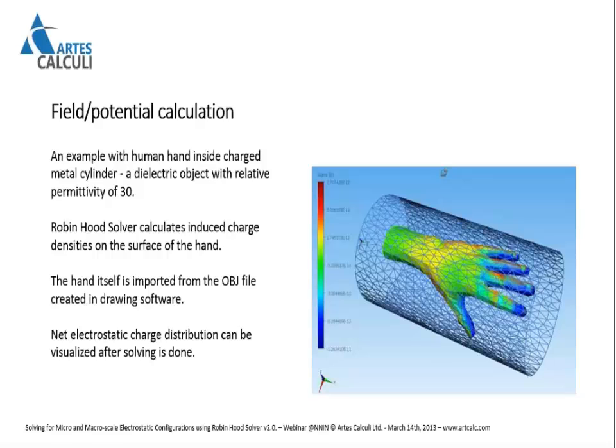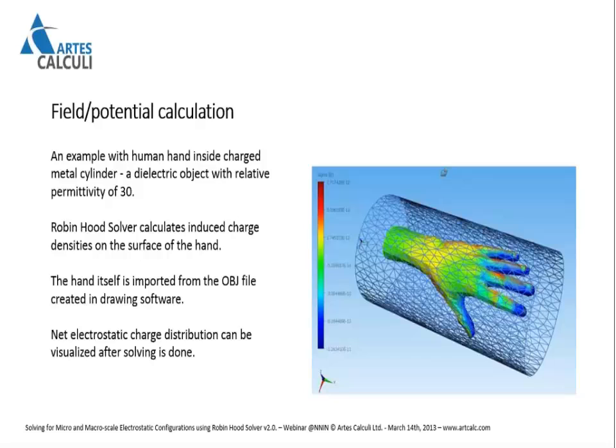And Robinhood Solver first calculates induced charge density on the surface of the hand. The hand itself is, as you have probably supposed, imported from an object file created in drawing software. It is possible to create a hand directly in Robinhood Solver, but it would require a lot of effort, and it is much faster and simpler to just import the already made object.